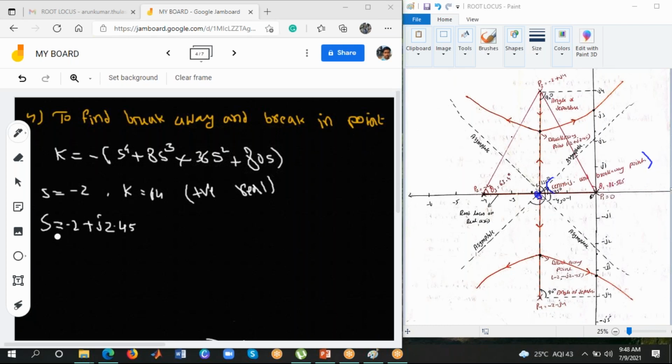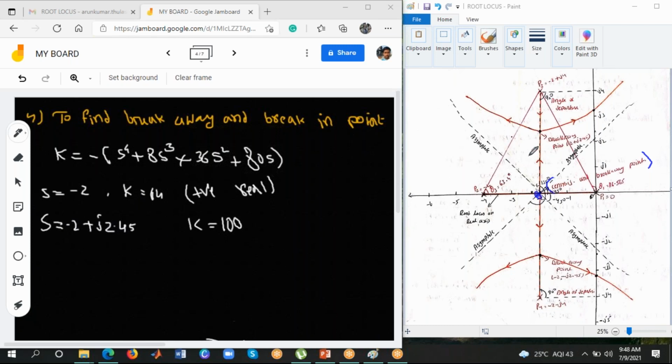Now similarly, if you substitute this value in this equation, you will get K equals to 100. సో సబ్స్టిట్యూట్ చేసిన తర్వాత మీరు చూడండి ఒకసారి, ఇది పాజిటివ్ రియల్ అవుతుంది. So there is a breakaway point at minus 2 plus J 2.45.